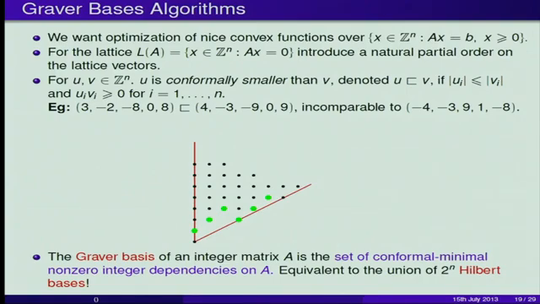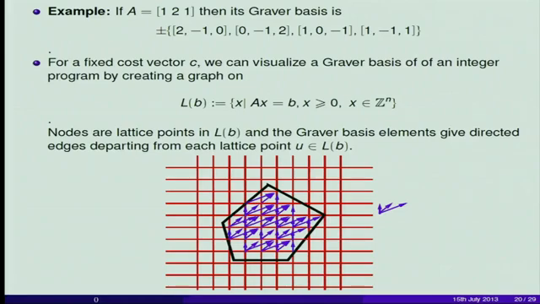And for the experts, for people that have worked before in integer programming or have taken an integer programming class, you may have heard about Hilbert bases. Well, a Graver basis is just the Hilbert basis of the 2 to the n possible orthants intersected with Ax equals 0. So if you have heard of Hilbert bases, Graver bases contain all possible Hilbert bases.